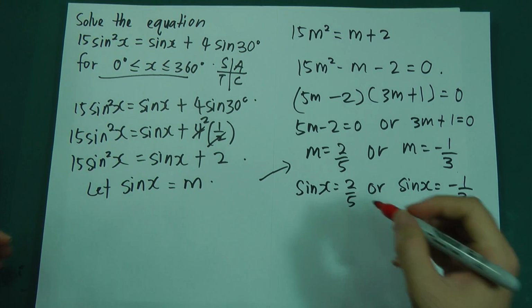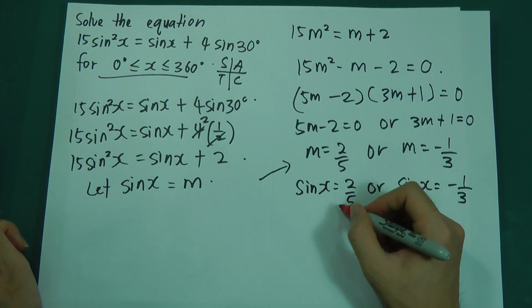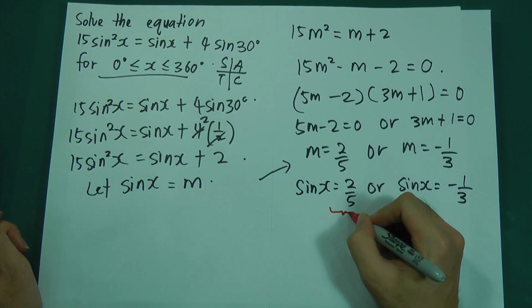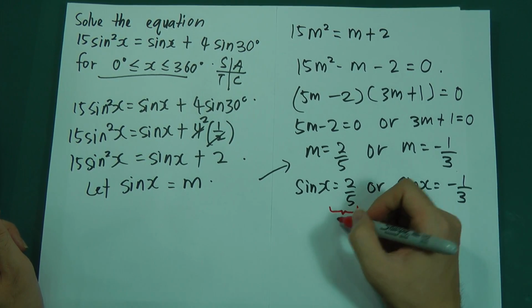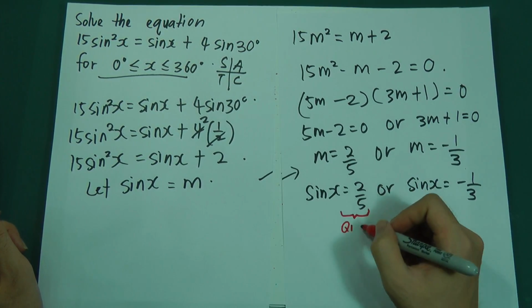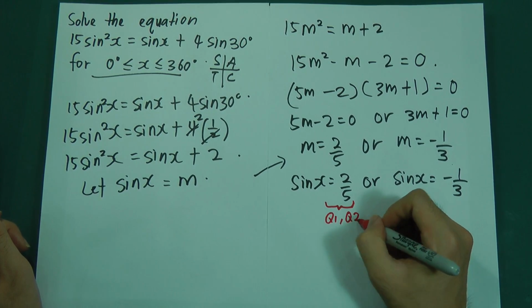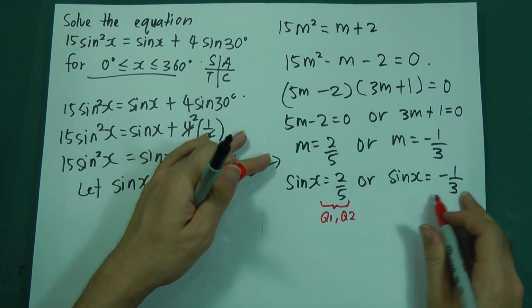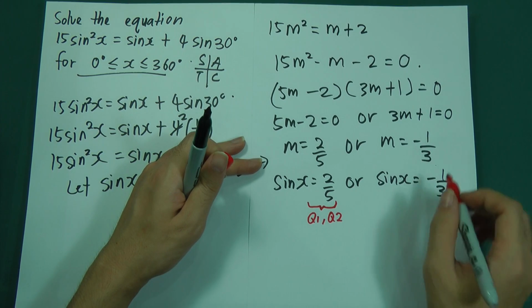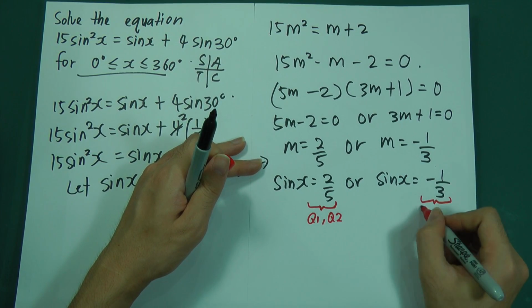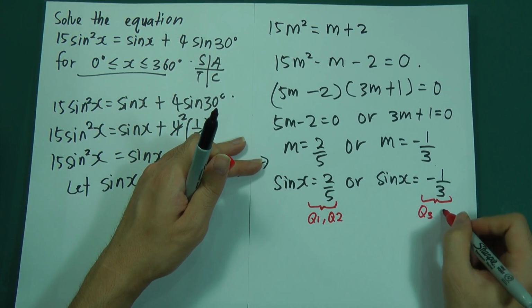Okay, now the important things happen. When sine x is positive, the value over here is positive, you will have the answer in quadrant 1 and quadrant 2. When sine x is negative, you will have the answer in quadrant 3 and quadrant 4.